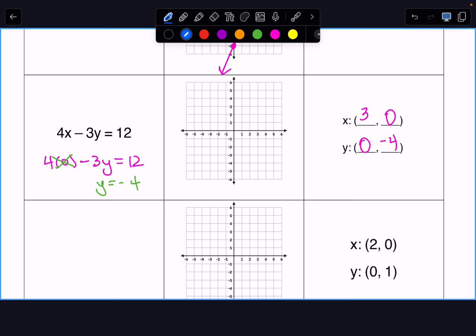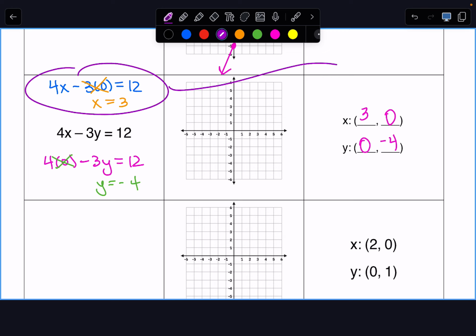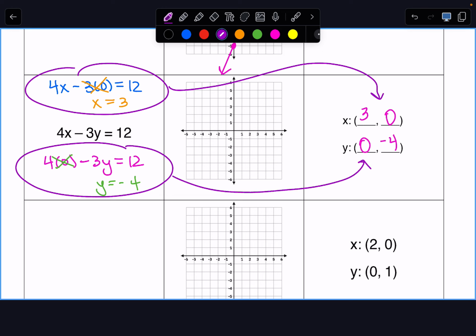So if we plug 0 in for y in 4x minus 3 times 0, what happens? 3 times 0 is 0, and now we have 4x equals 12, so x equals 3. So this is the math behind this coordinate, and this is the math behind this coordinate.